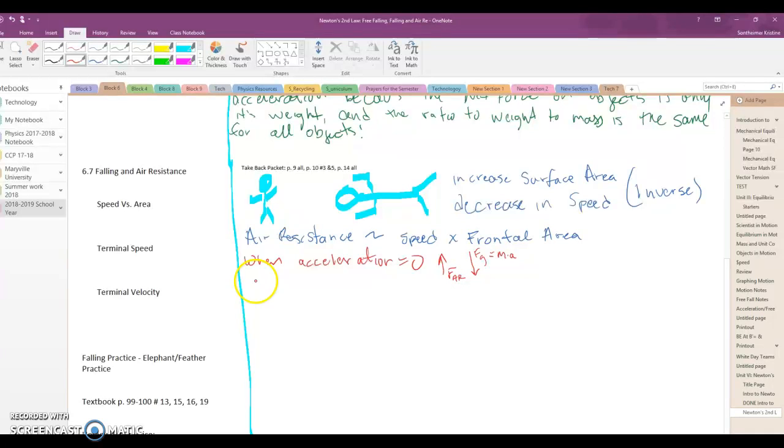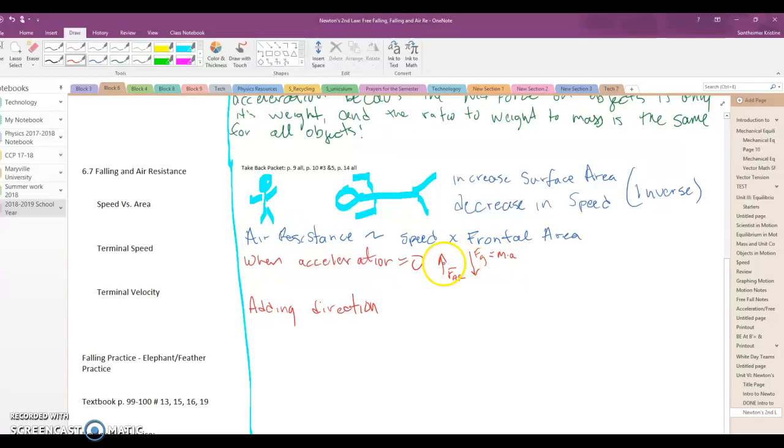The only difference between speed and velocity is adding direction. You know, the difference between speed and velocity is just the direction of motion.